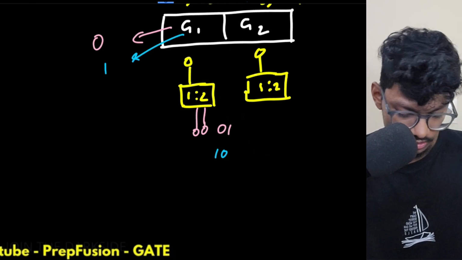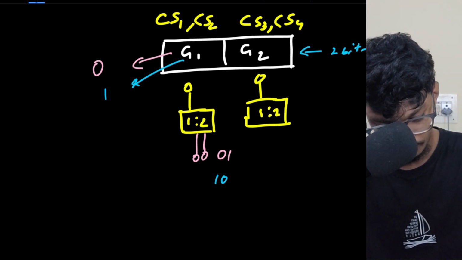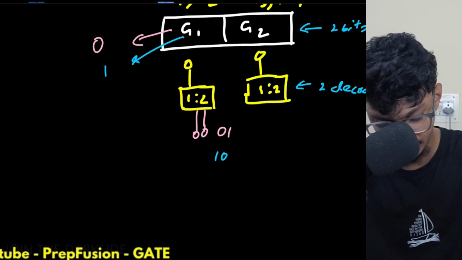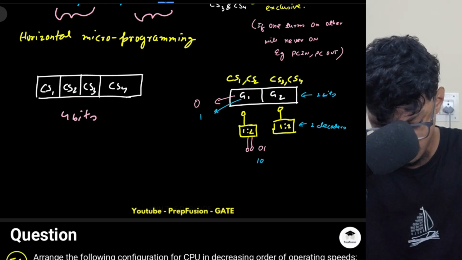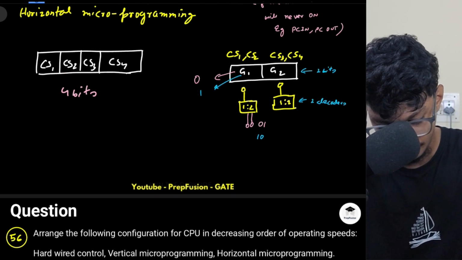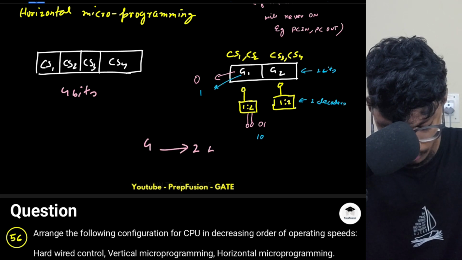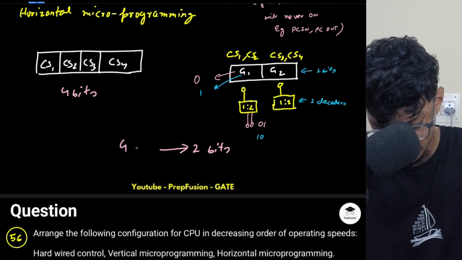So how many bits did I require? I require only 2 bits and 2 decoders as well. Obviously this will cause some delay, but it's my advantage: my size has been reduced from 4 bits to 2 bits. But what are the disadvantages?